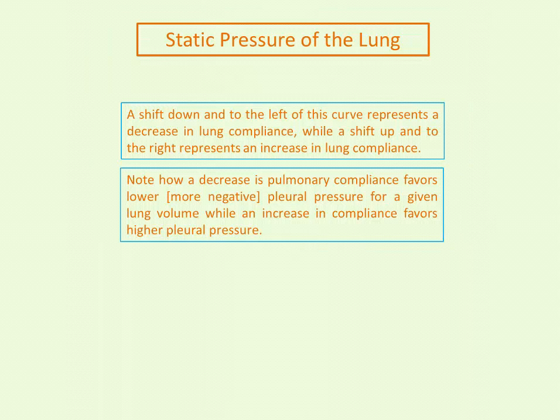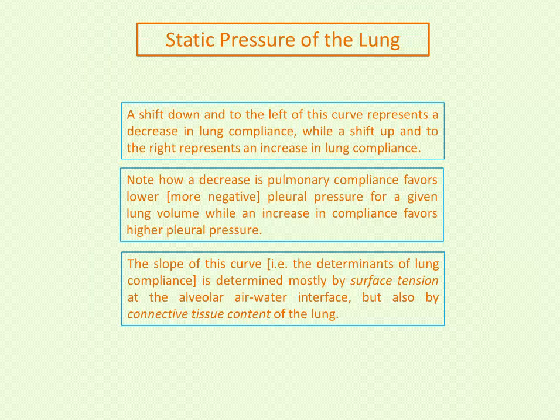And you can picture in your mind, and I'll show you in the next slide, that if the compliance curve shifts down and to the left, a decrease in pulmonary compliance tends to favor a lower pleural pressure for any given lung volume. So this is a qualitative analysis of pleural pressure with respect to lung volume in a given disease state, that is a lung with poor compliance. And it's just the opposite for an increase in compliance.